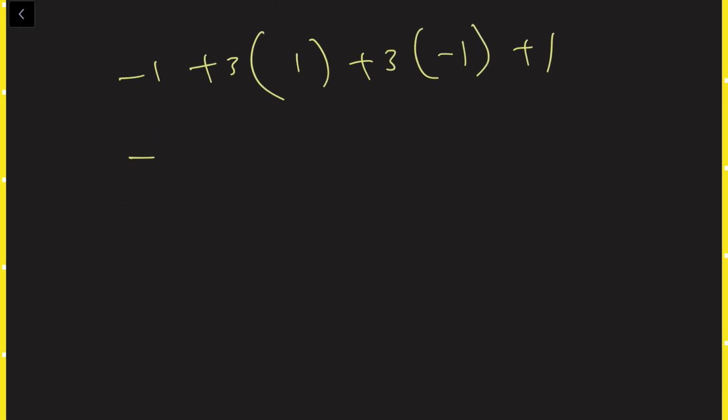Minus 1 as it is, plus 3 into 1 is 3, plus 3 into minus 1 is minus 3, plus 1. So plus 1 minus 1 cancel, plus 3 minus 3 cancel, then the answer will be 0. So the remainder will be 0.